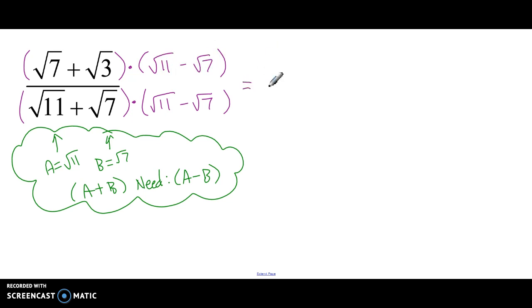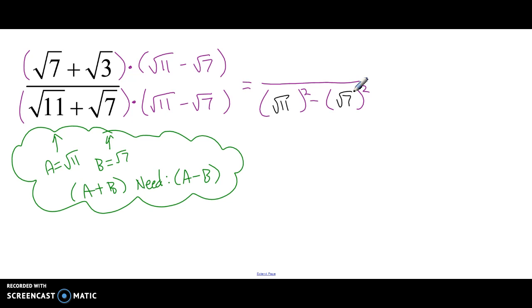So my denominator here is now going to be a squared minus b squared, which will be square root of 11 squared minus square root of 7 squared. The way I'm writing it here with parentheses squared, that's meant to help you avoid certain mistakes.